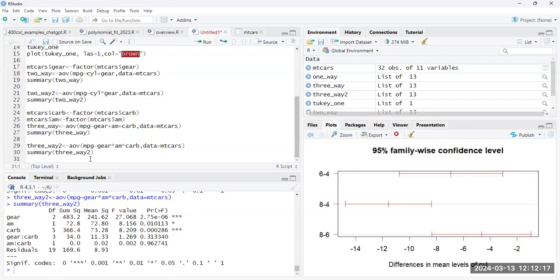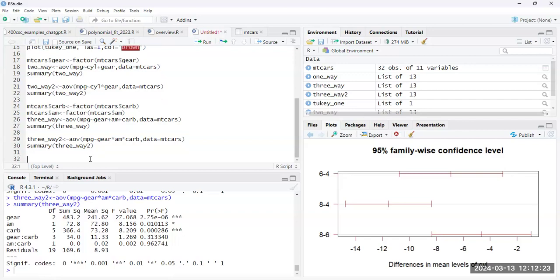Now, when we do a Tukey test on this, using Tukey's method to get our intervals, we can do that. But of course, the graphs are going to be a little bit more complex, and there's actually going to be several of them. So let's actually look at that. We'll do our original three-way Tukey without the interactions.